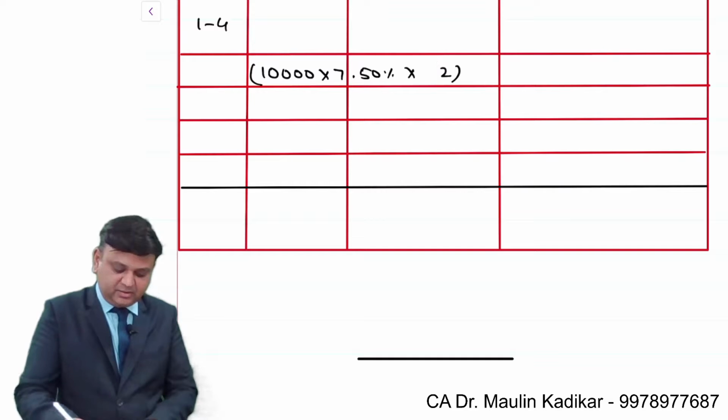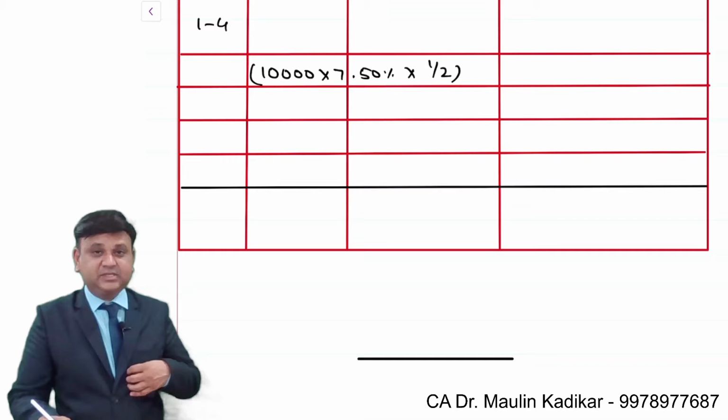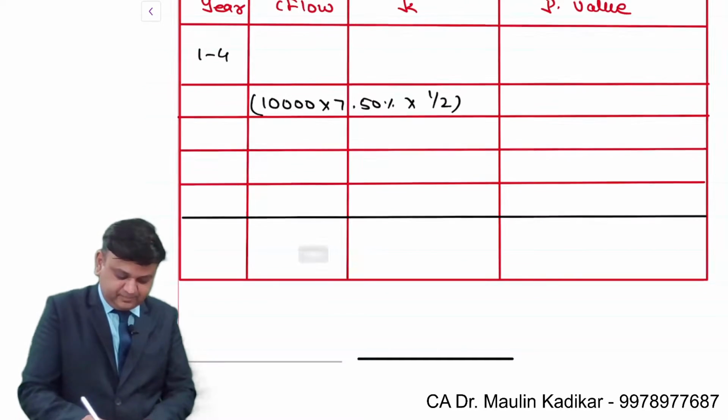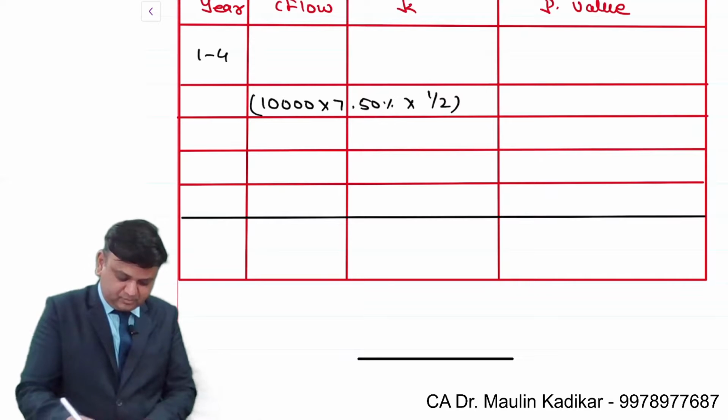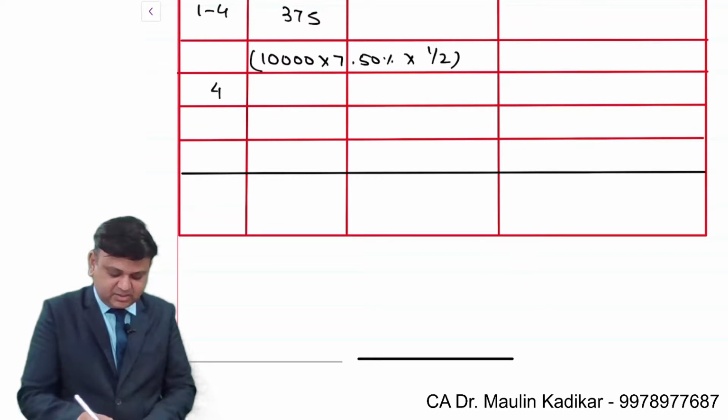That is the way we are required to make the calculation of the interest income. 10,000 into 7.5%, that is 750, into 1 by 2, that is 375. Last, you will receive an amount of 10,000.